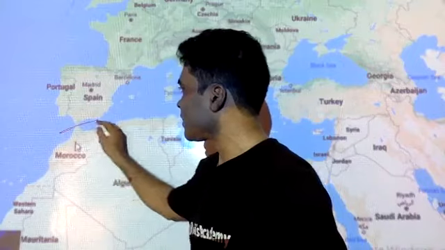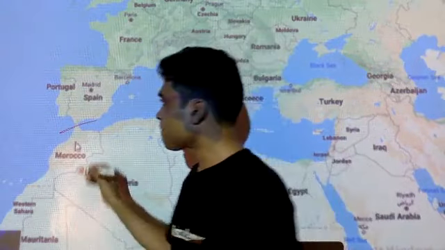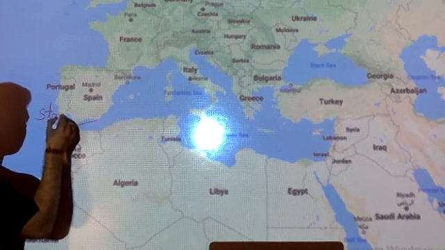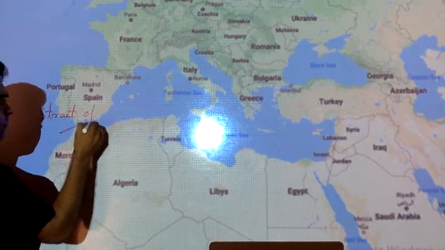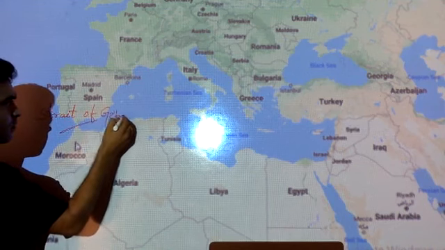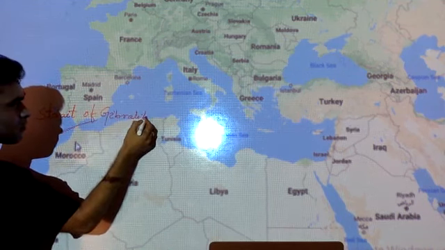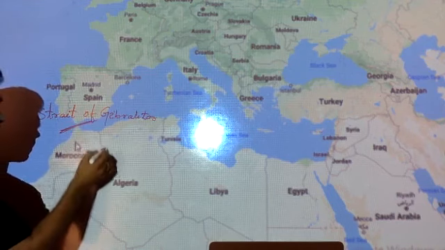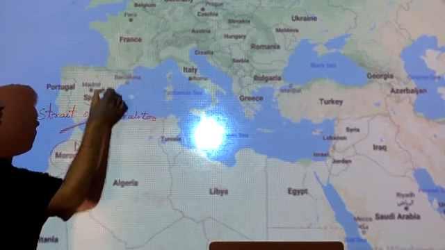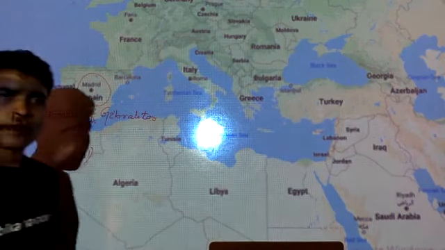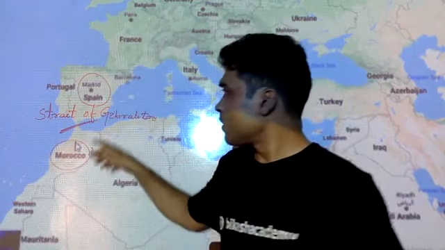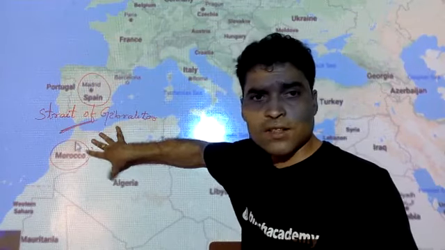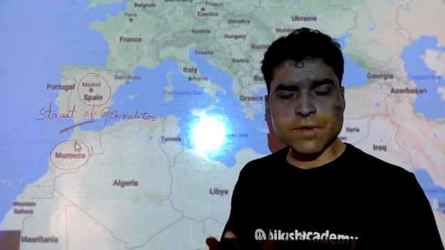This point is known as the Strait of Gibraltar. You have to remember, this is a narrow water body separating African Morocco from Spain. So this point we have to keep in mind that the Strait of Gibraltar separates Europe from Africa. So you have to keep that in mind.